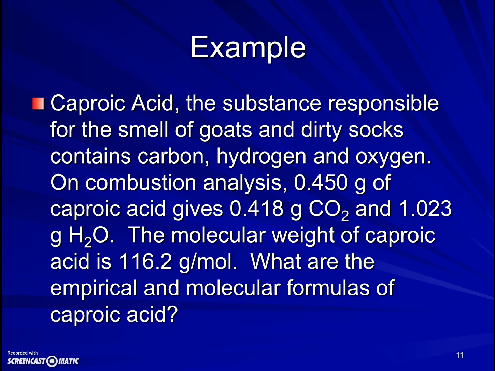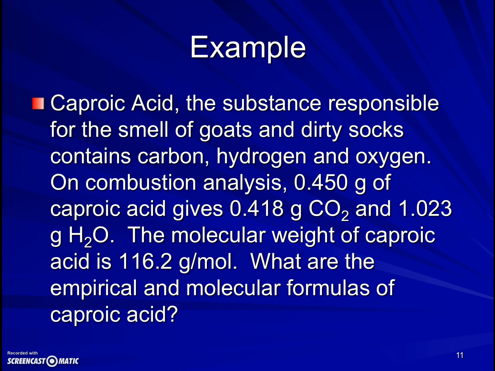And then, if we add up these numbers and subtract from 0.45, we'll realize how much extra oxygen has been added by the combustion, and we could subtract that out, find out how much oxygen was in the original compound, and calculate that in moles, and we'll get an empirical formula for caproic acid.